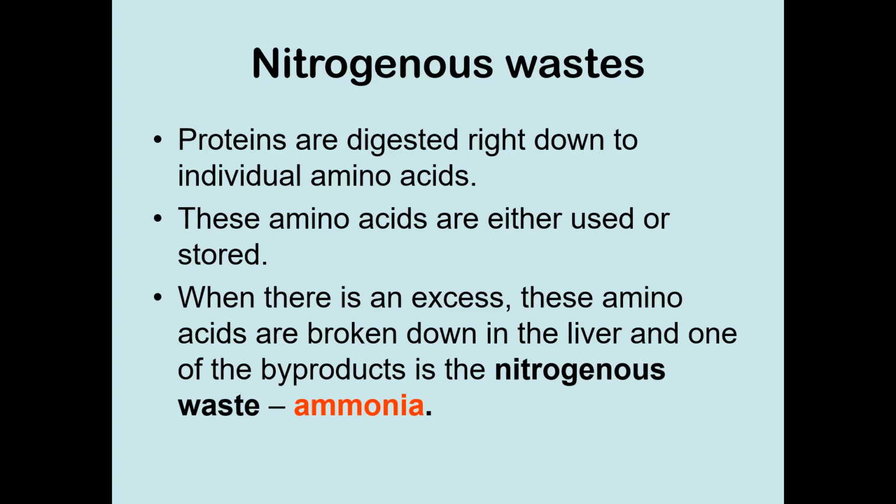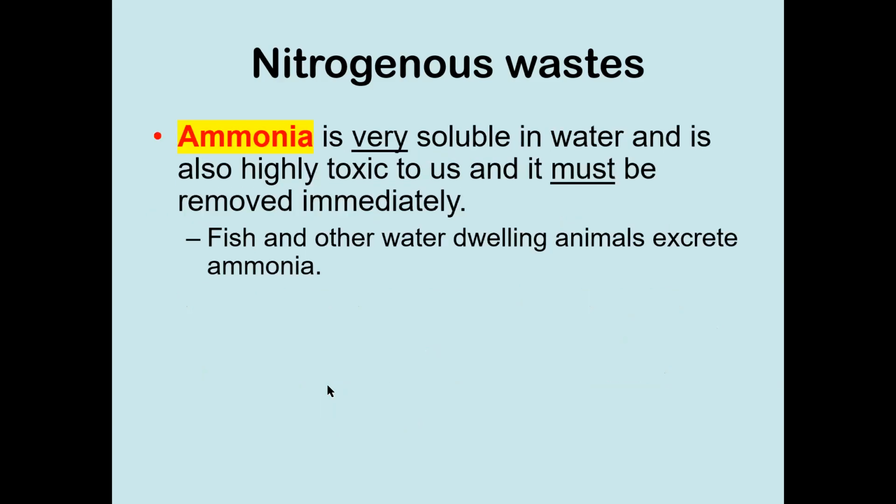So when we break up proteins, excess amino acids are stored for future use. But if we have an excess, they get broken down and we end up with ammonia. Now, ammonia is very soluble and for us quite toxic. So it must be removed.